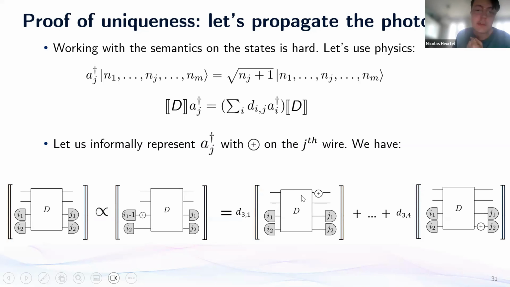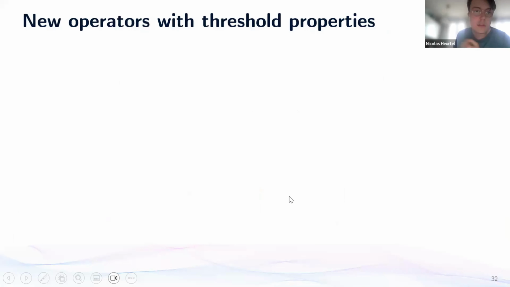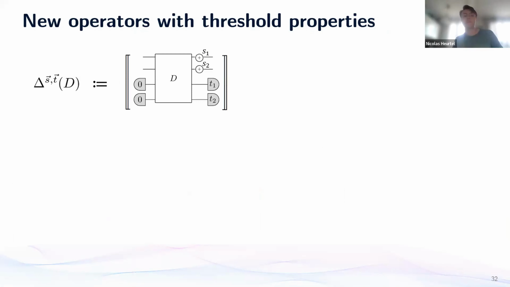And so, which is cool, that thing would be useful for proving the uniqueness of omega. So that's why I introduced another basis, which is called delta. So I will introduce delta, which is, informally, graphically again, that type of circuit. You have 0 photons as the sources.